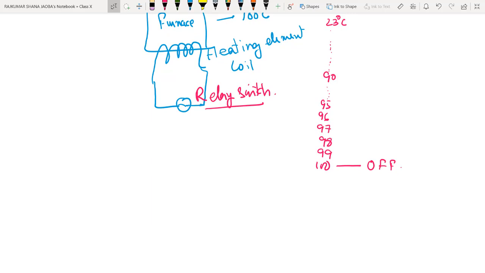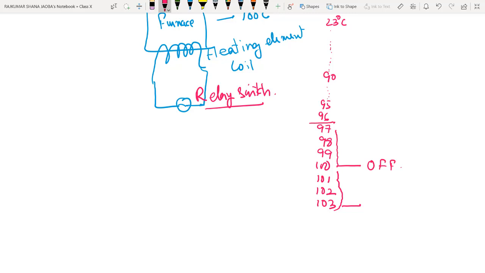But the furnace temperature goes to 101, 102, 103 before it switches off, then the temperature reduces: 103, 102, 101, 100, 99, 98, 97.